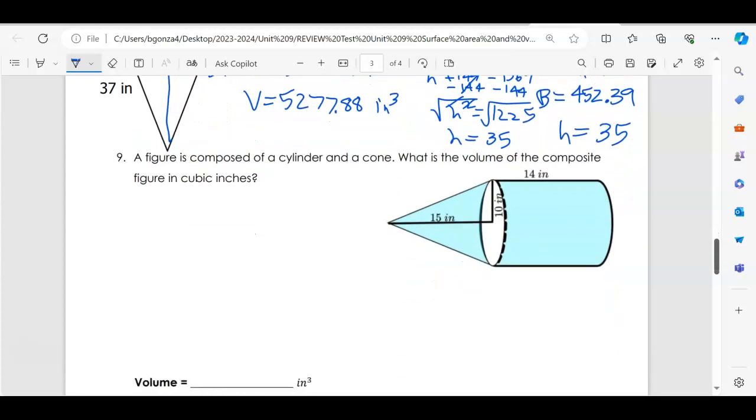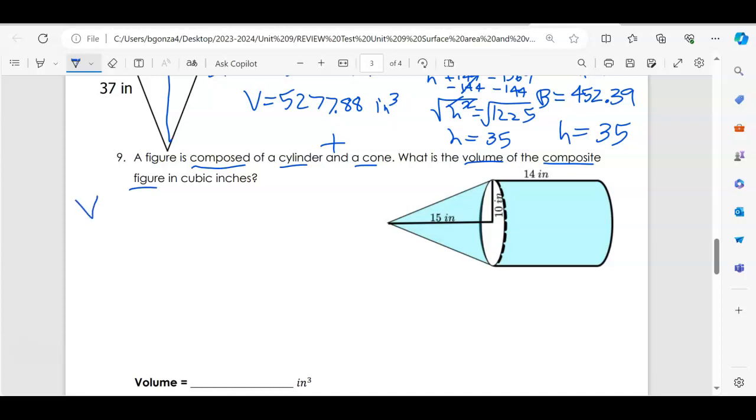All right, number 9, we have a composite figure of a cylinder plus a cone, right? Cylinder and cone means cylinder plus a cone. So the volume of the composite figure, we're going to have to find 2 volumes, okay?